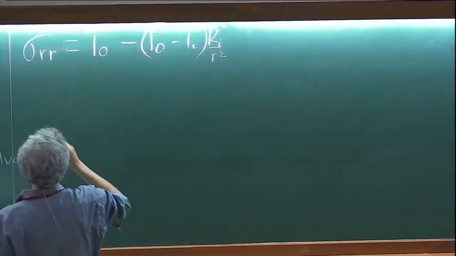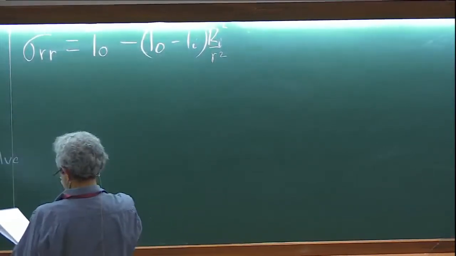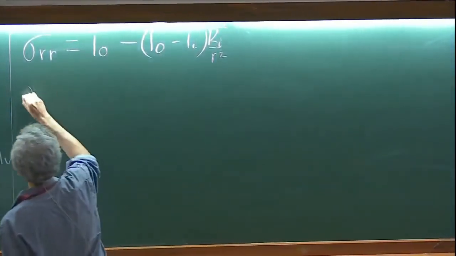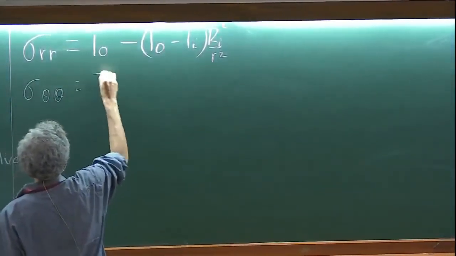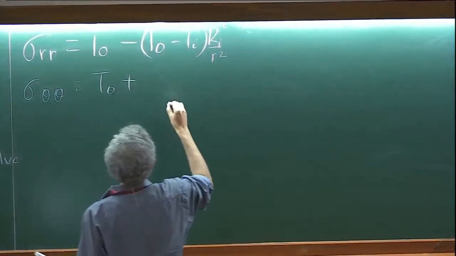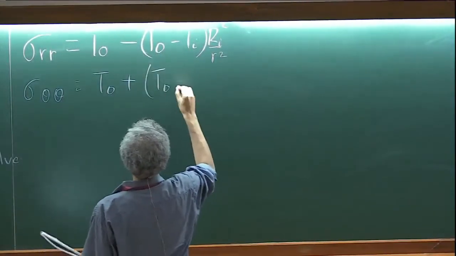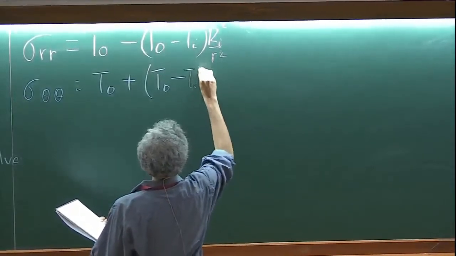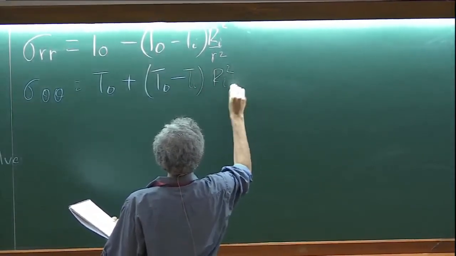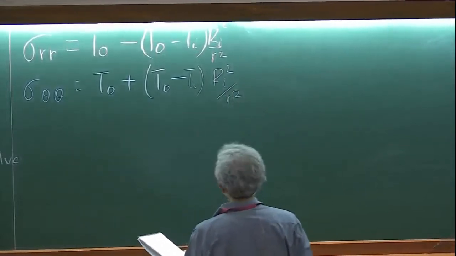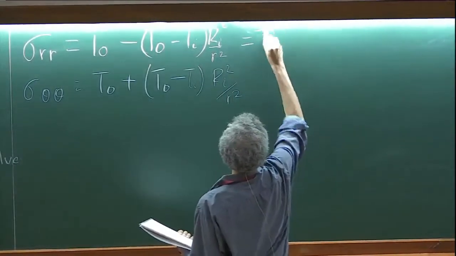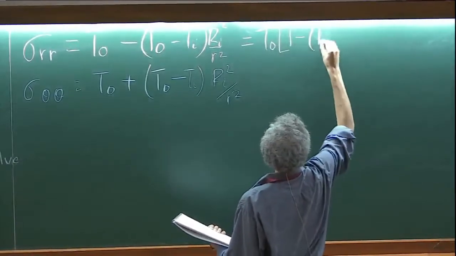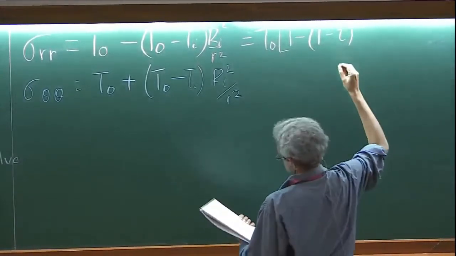That's the radial tension as a function of position. Did I do that right? Well, maybe I did that right. I'm just going to write this ratio.